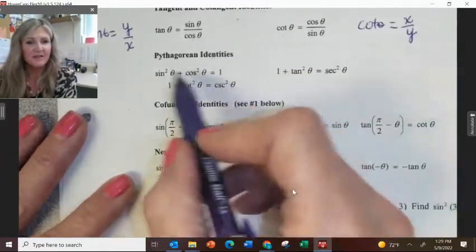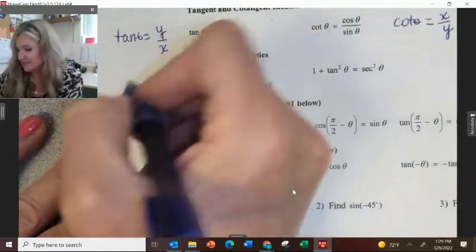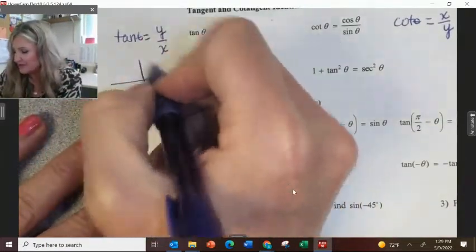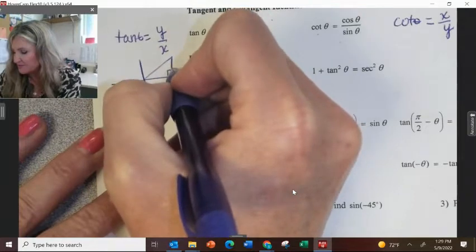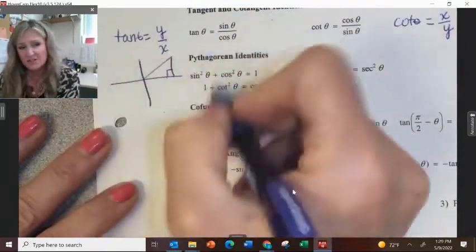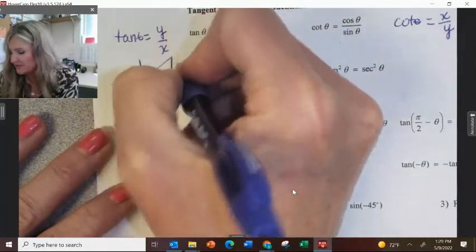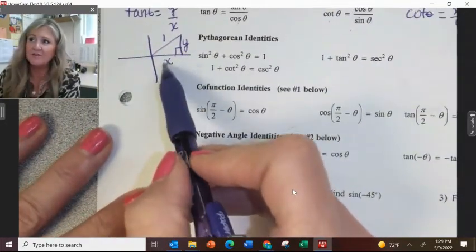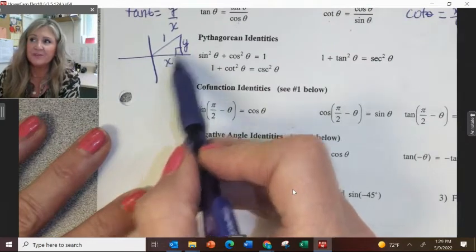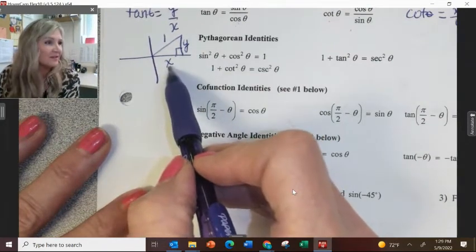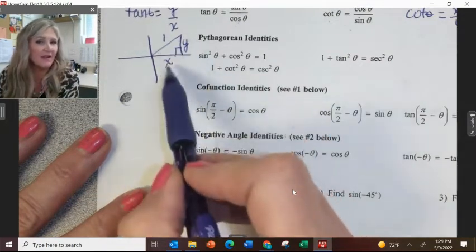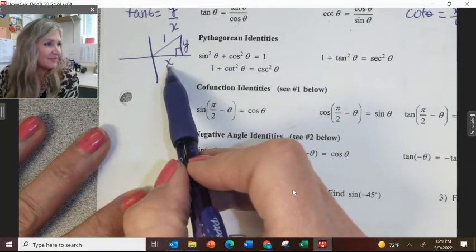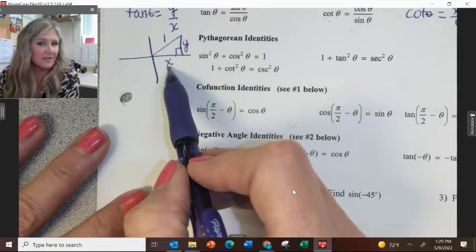These are the Pythagorean identities. The Pythagorean identities come from this fact. If this is a unit circle here, and this is x and this is y, using the Pythagorean theorem, what would have to be true for this right here? Now, what is x the same as on the unit circle? Cosine.